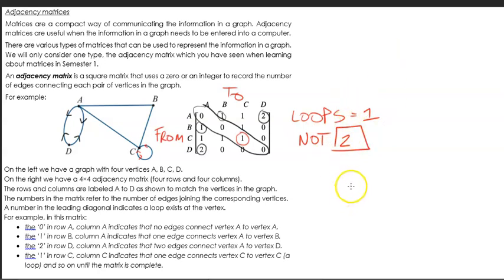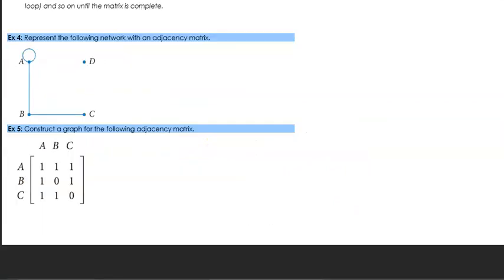But it's pretty straightforward if you want to see these connections, to put a graph to an adjacency matrix. So what we're going to do is represent the following network with an adjacency matrix. This is going to be a 4x4, and I know this because there are 4 different towns. A, B, C, D, A, B, C, D. And this is from, and this is to.